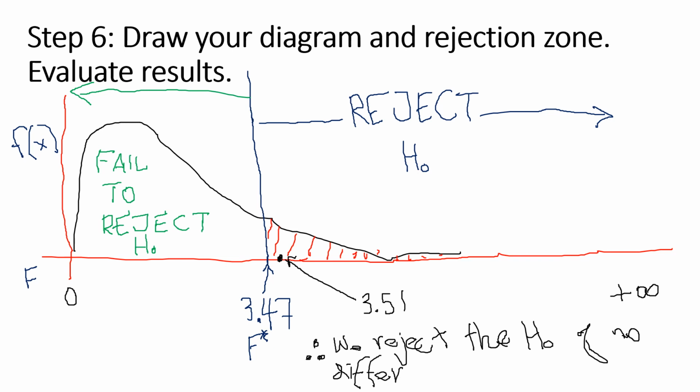Because remember our alpha level is 0.05. So we reject the null hypothesis of no difference is what this means.